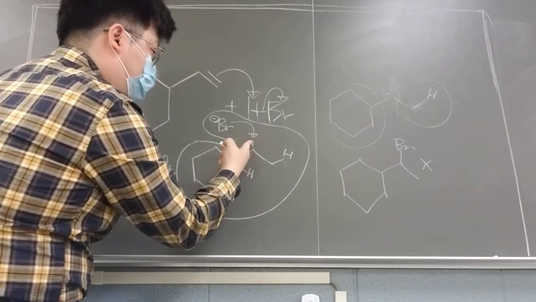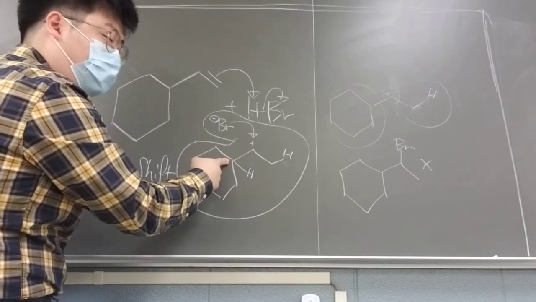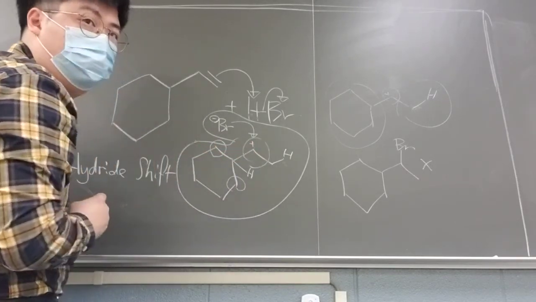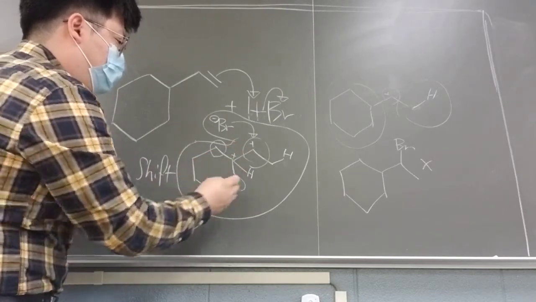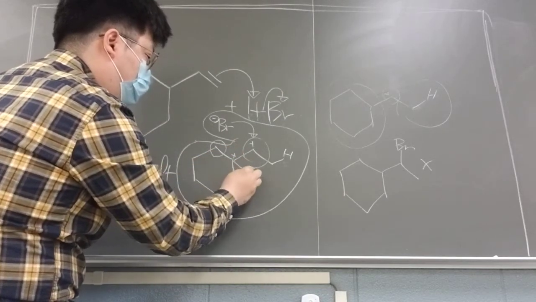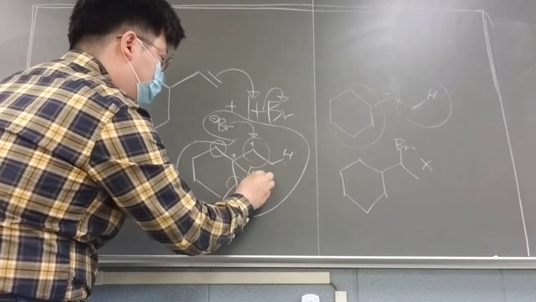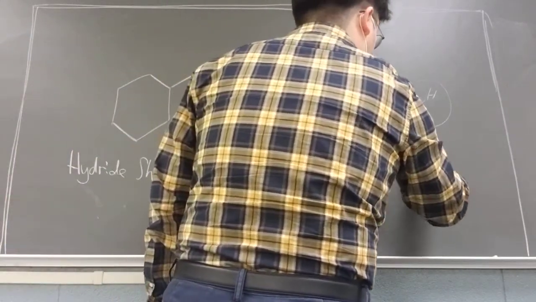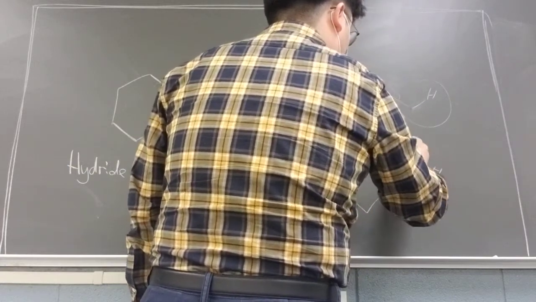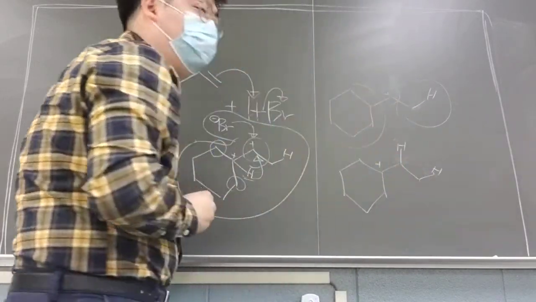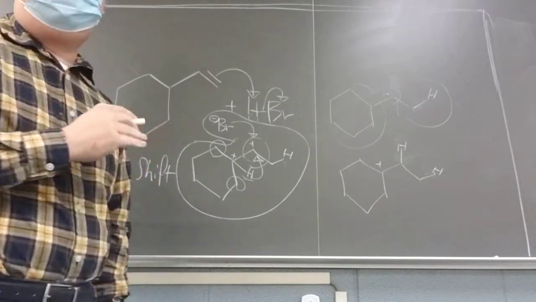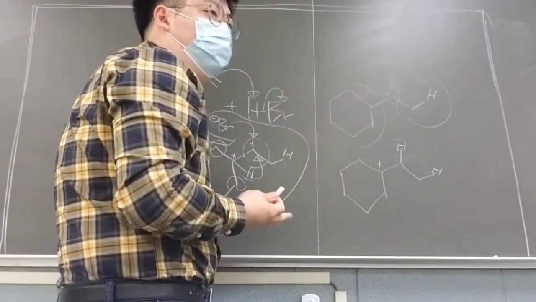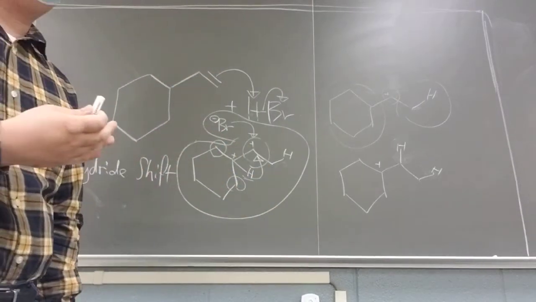And if you can move this one to here, it'll be even more stable because it's actually more substituted in this position here. So this hydrogen and a pair of electrons move to here. So that makes this one. So this is the exception, because this is where you can have an even more stable possible carbocation position.